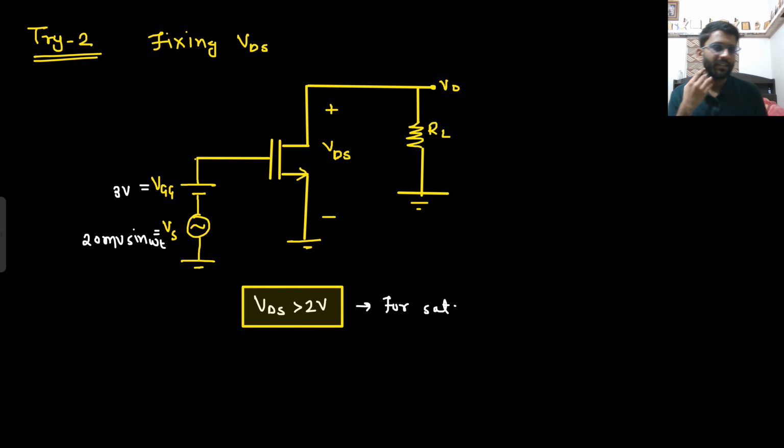So what did I think? I thought that I should fix the VDS value. I need VDS to be 2 volt, so I will fix it here. I will connect a battery of 2 volt.